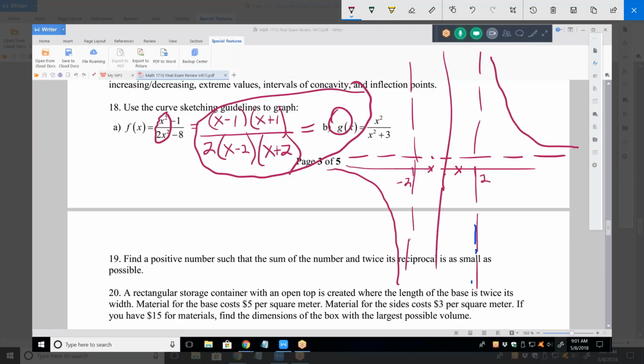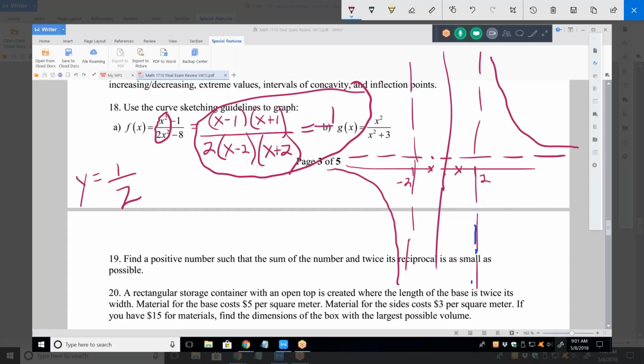Now let's figure out if it crosses the horizontal asymptote. Okay. In other words, that horizontal asymptote is y equals 1/2. So the question is can I solve this problem?